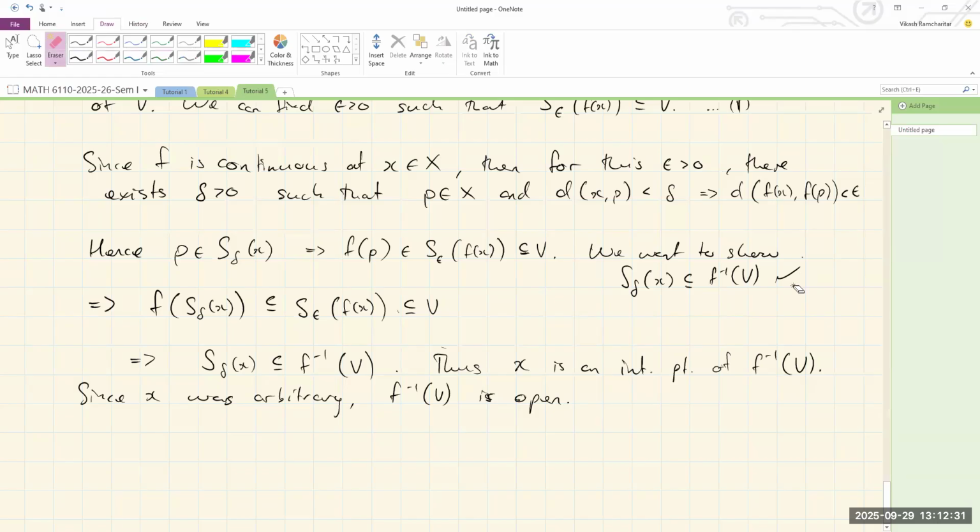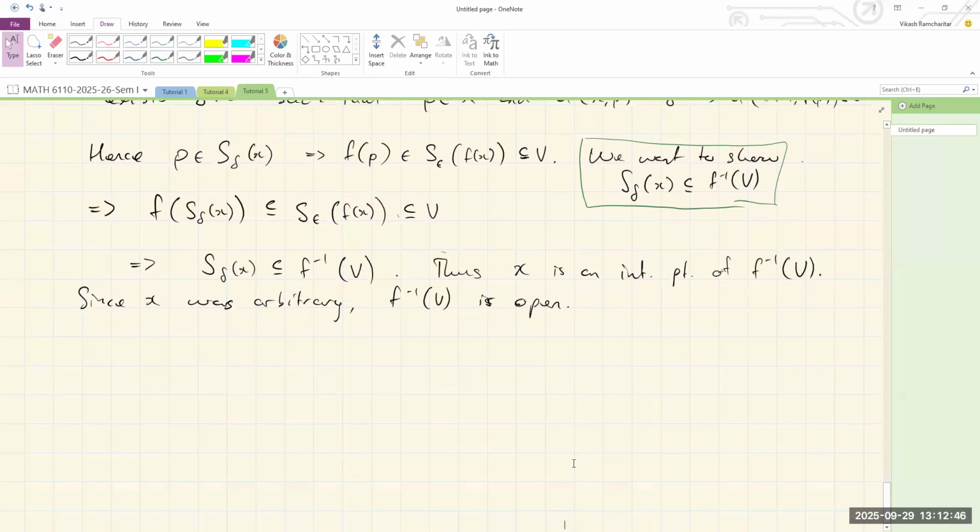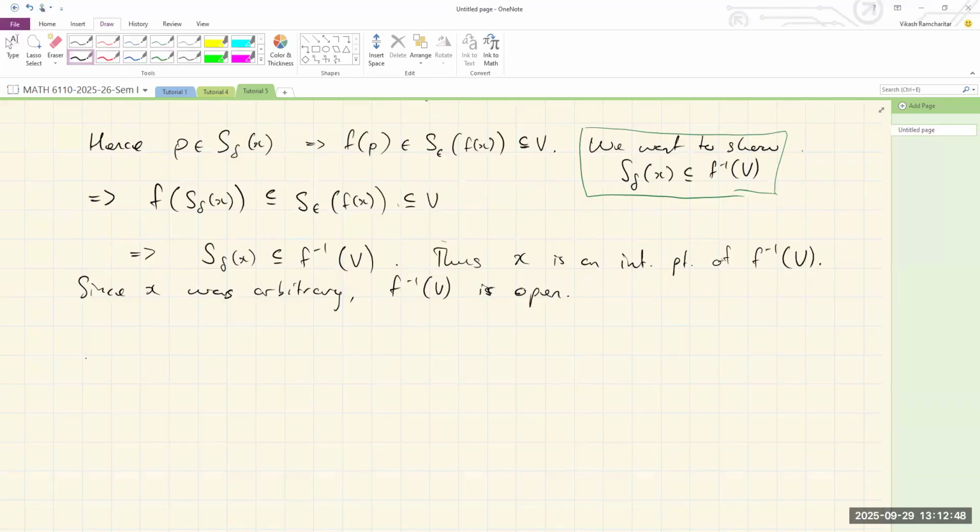Now we need to prove the converse. So now we want to prove the converse, this direction.